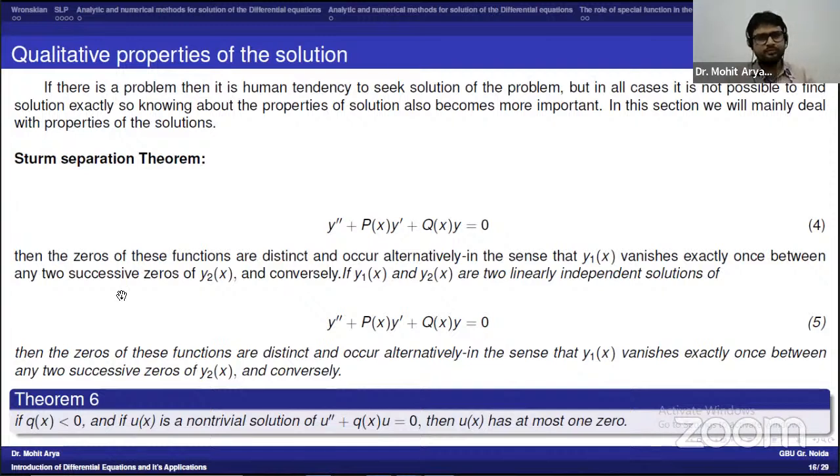So, Sturm separation theorem. This is one of the most important theorems in the field of differential equations. We have a homogeneous differential equation, that is equation number 4.